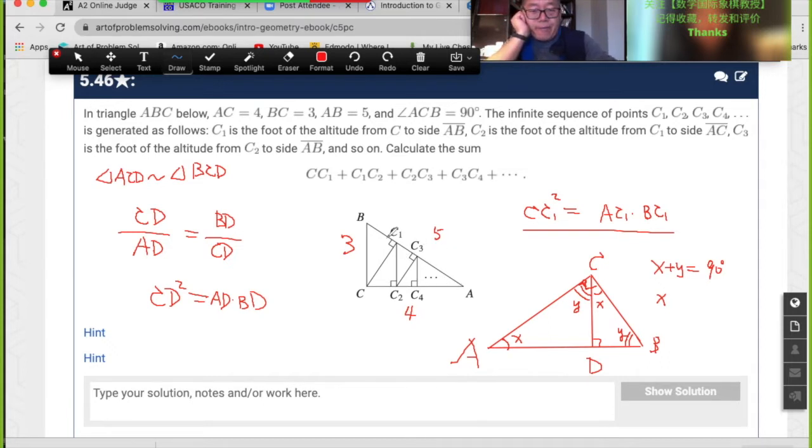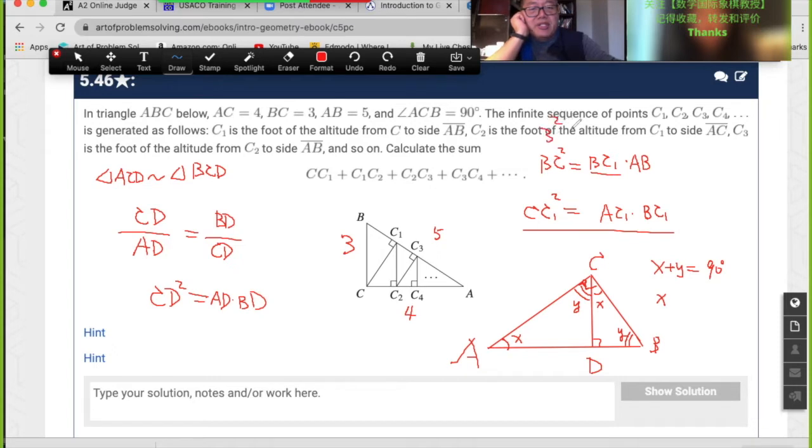Okay, if you understand this, now we can continue. You can also get BC squared equals BC1 times AB. That means in this triangle, you have BC squared equals BD times AB. You also have AC squared equals AD times AB. Now, from this, you can get BC1. You know BC is 3.